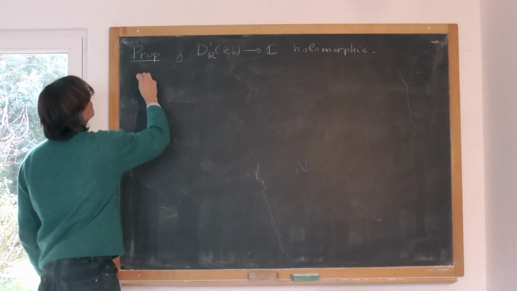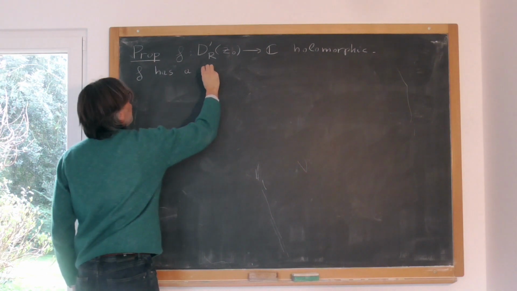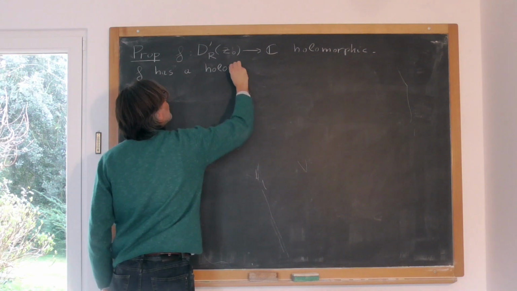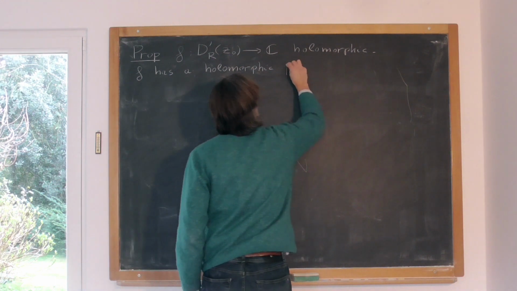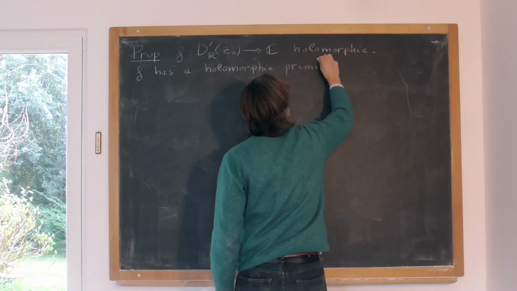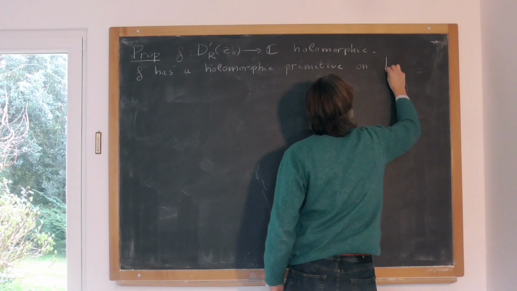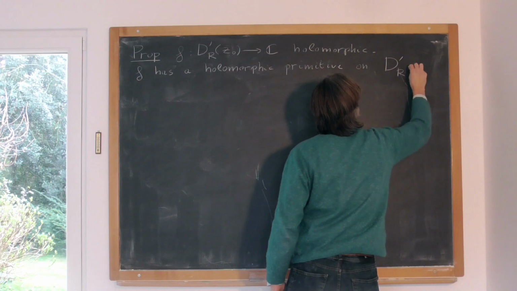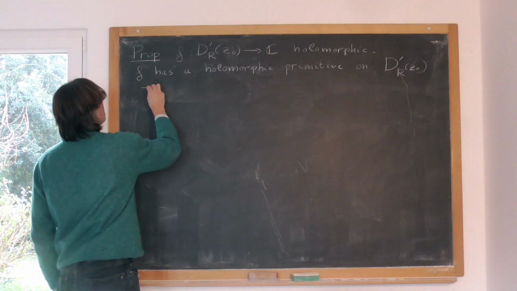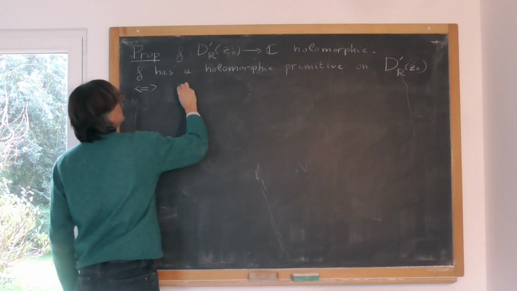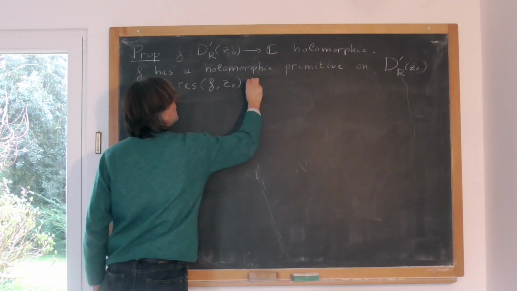Then f has a holomorphic primitive on this punctured disk if and only if the residue of f at z0 is 0.